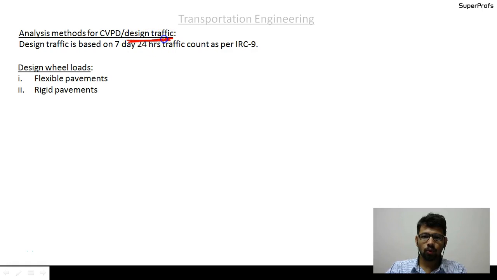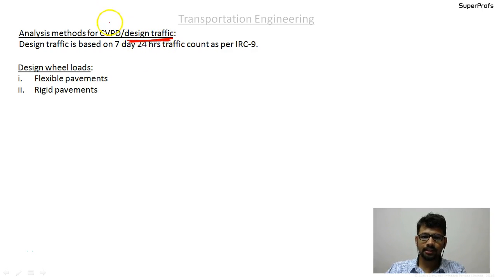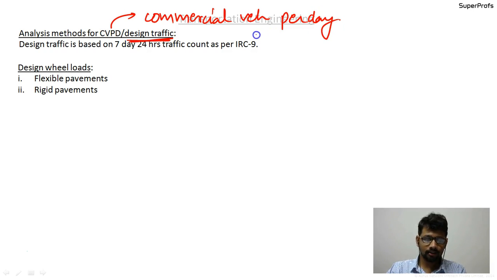The design traffic is given as commercial vehicles per day, but how to analyze that? For that you will have to calculate design traffic based on a 7-day 24 hours traffic count, as per IRC 9.